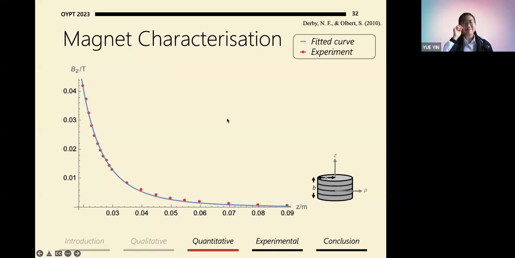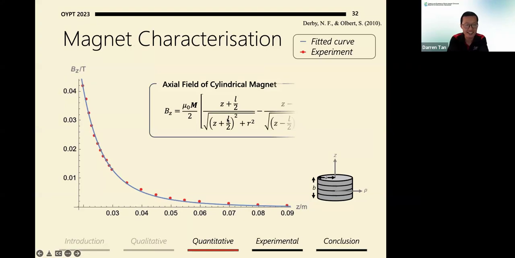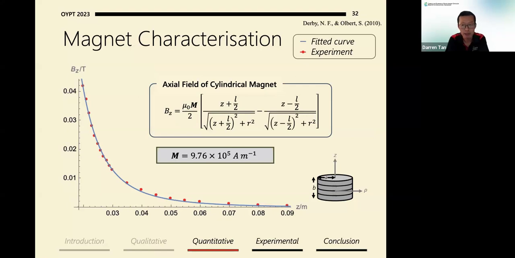Okay, so another interjection. I think this is a good place where I can try to link it a bit more to what you have studied in A-level physics. So I think what Yin Yue was saying about currents, maybe if you think about solenoids, I think the simple example you might know is a solenoid, right?